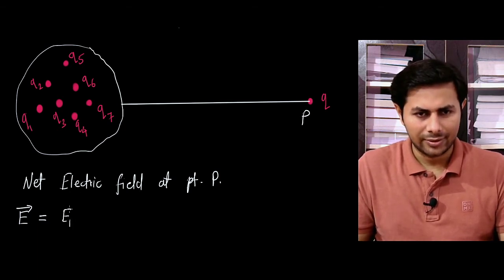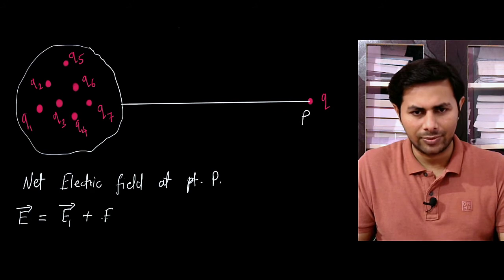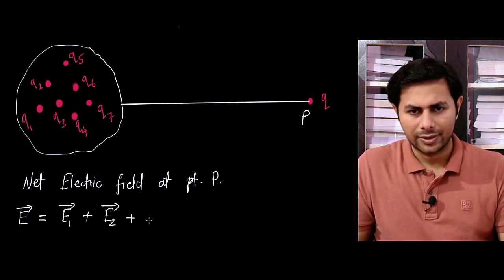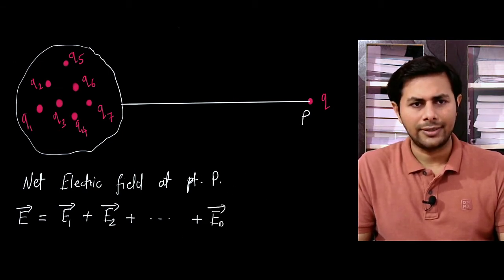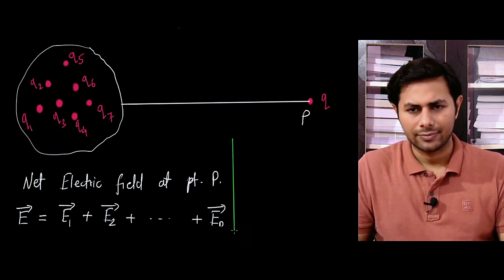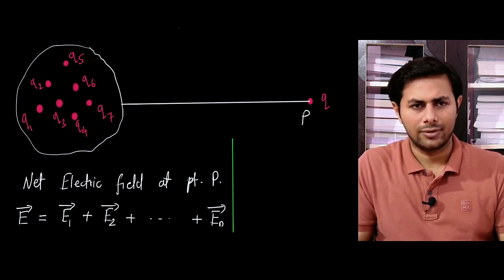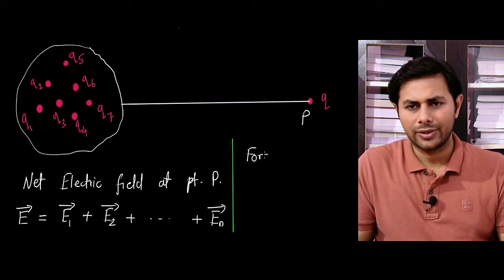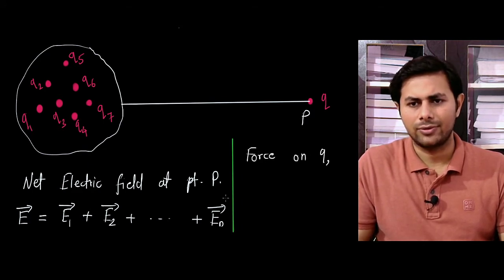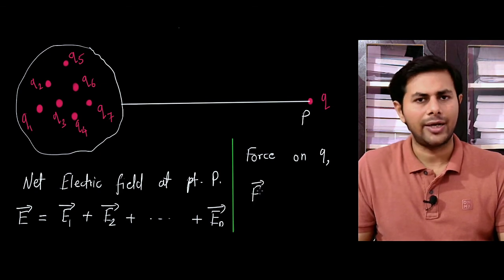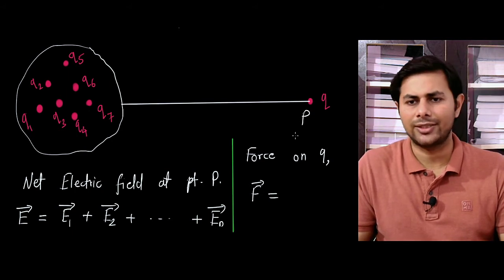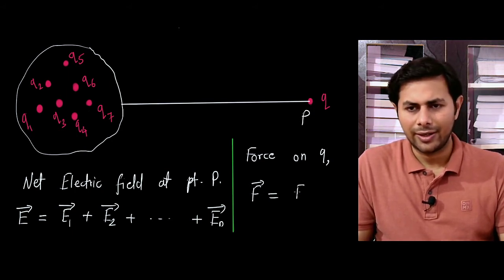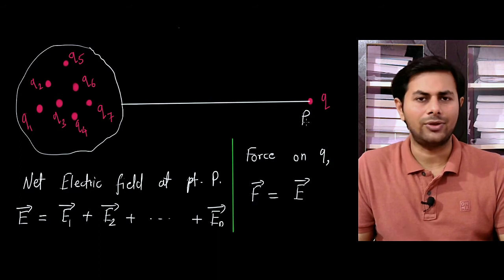So E1 bar plus E2 bar plus so on and so forth up to plus electric field due to nth charge. And I can write force on small q, F bar, equals this electric field due to this system of charges at this point, E bar, times magnitude of this charge.